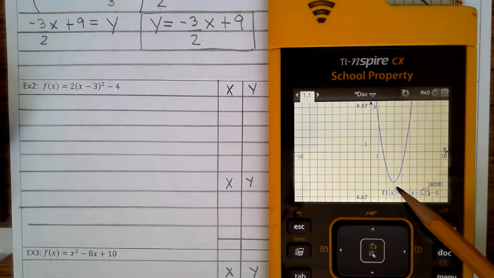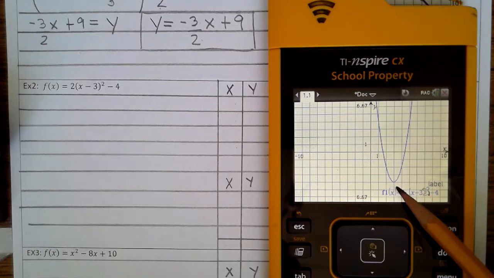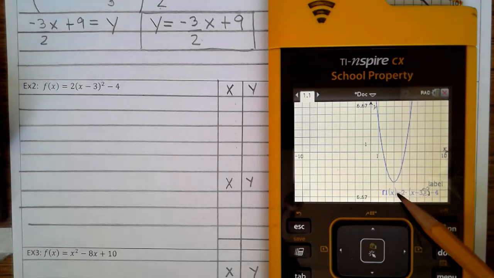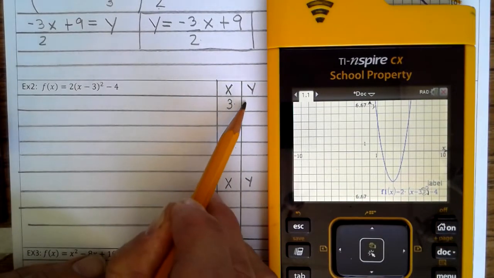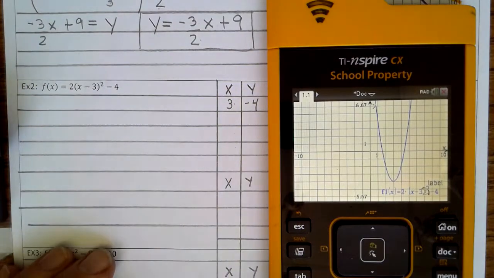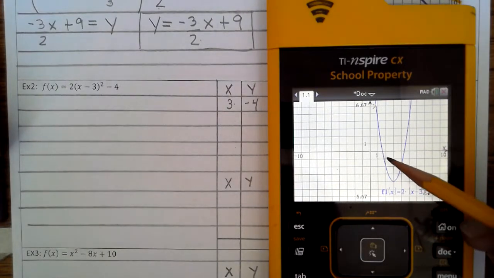So we're going to start a point at the vertex, which is positive 1, 2, 3, negative 1, 2, 3, 4. So positive 3, negative 4. Okay, and then it looks like our next point is 4, negative 2.